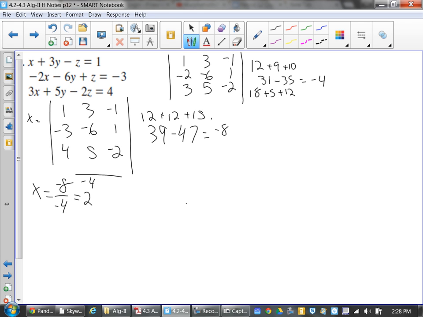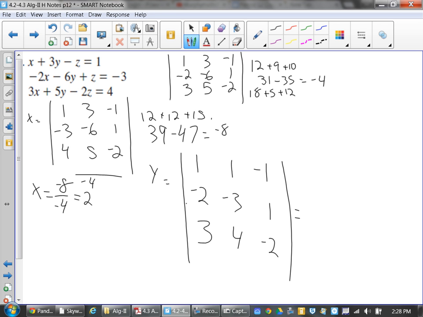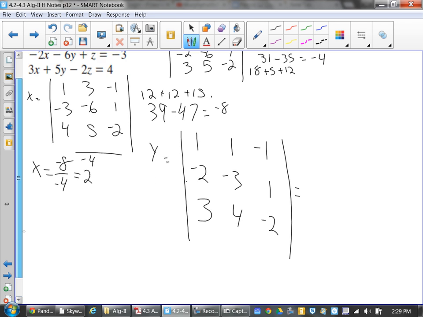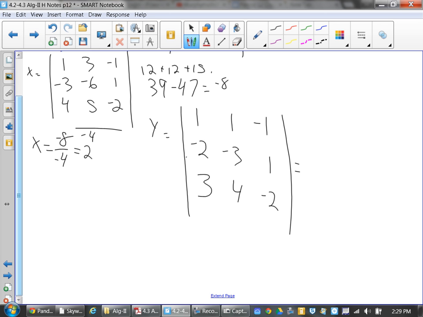All right. So for X we get 2. Do it again for Y. For Y we have 1, -2, 3. Solutions, 1, -3, 4, -1, 1, -2. Down: 6, 1, 3, -1, -2, 4 is 8, so 9 and 8 is 17.